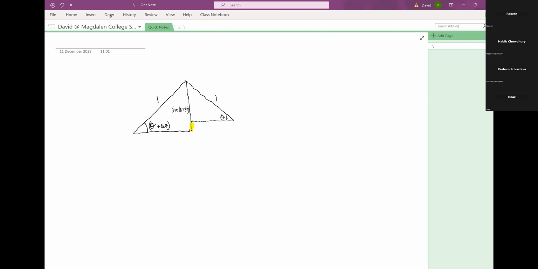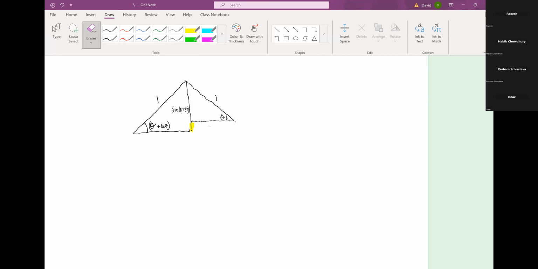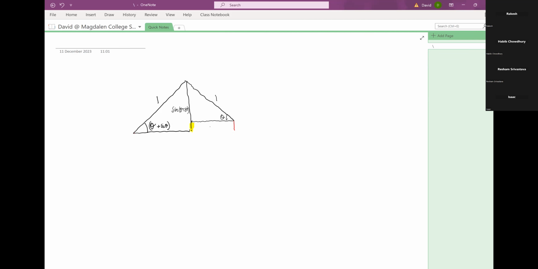And the triangle that I'm going to consider in order to do this is I'm going to think about this right angle triangle here.